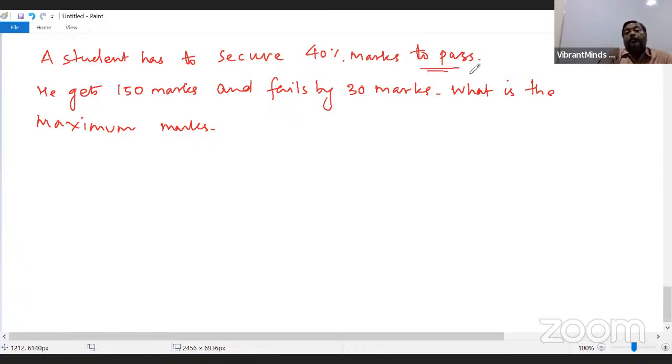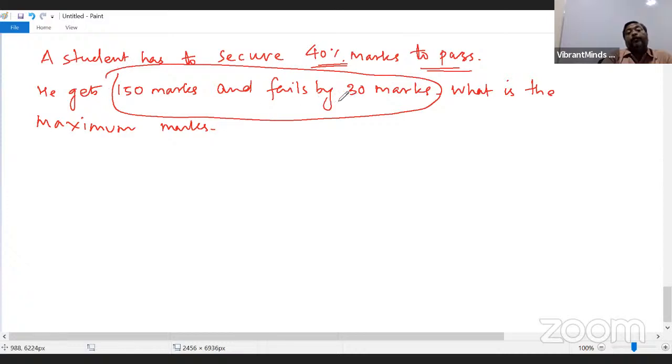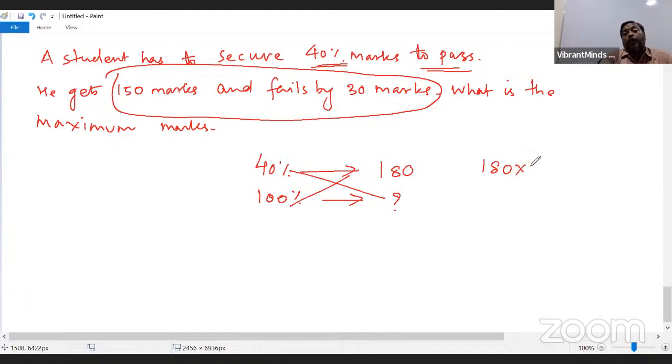To pass, he should either get 40% or he should get 150 plus 30, that is 180 marks. So can I just say 40% is equal to 180? So 100% is equal to what? Cross multiply. So 180 into 100 divided by 40.